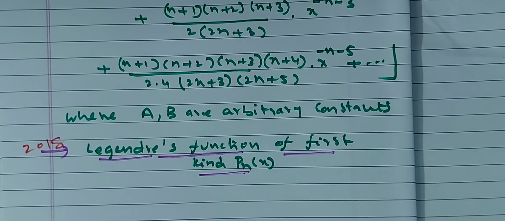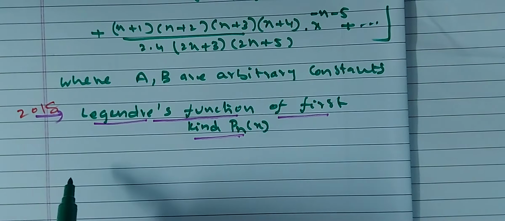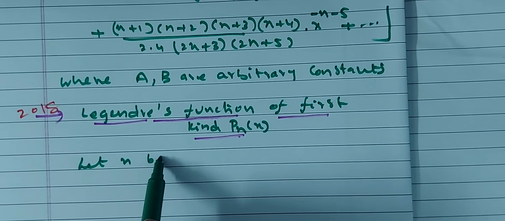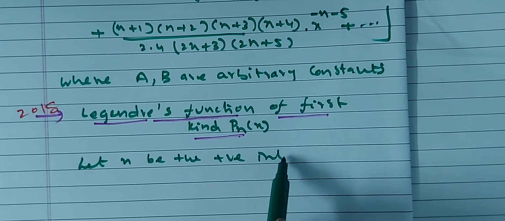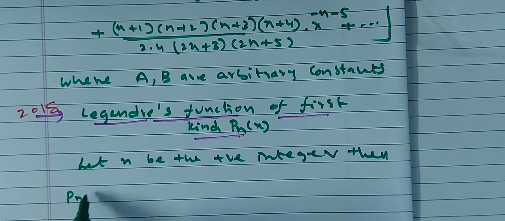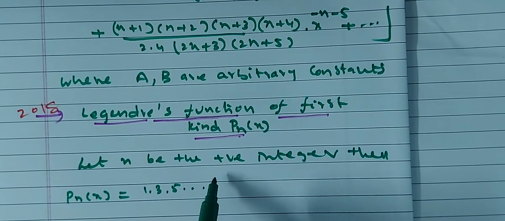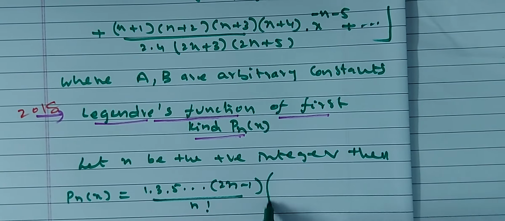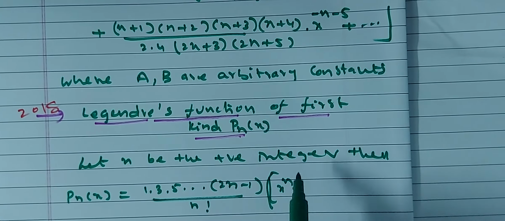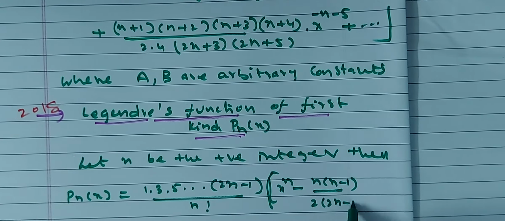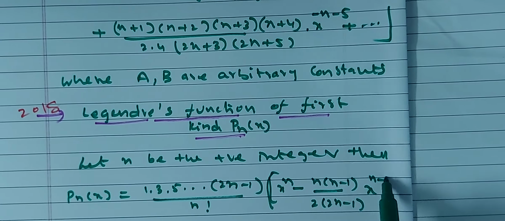Write the Legendre's function of first kind. Let n be a positive integer, then Pn of x is equal to 1 into 3 into 5 and so on into (2n minus 1) divided by n factorial into x power n minus n into (n minus 1) divided by 2 into (2n minus 1) into x to the power of n minus 2.